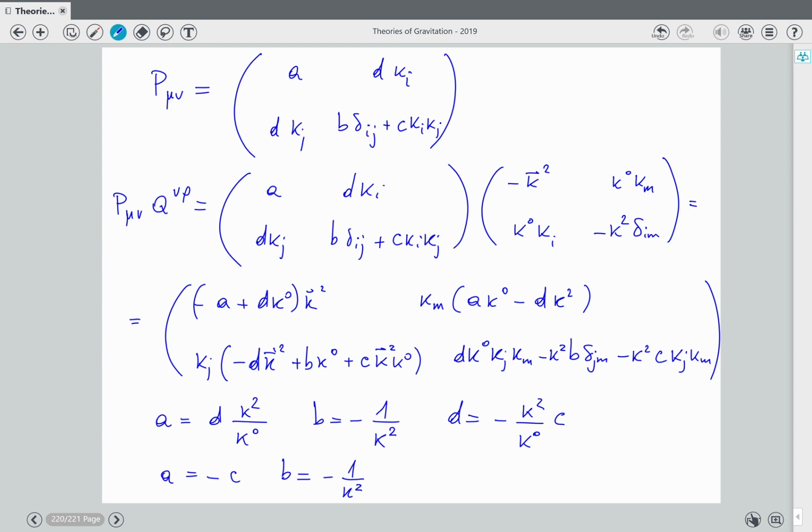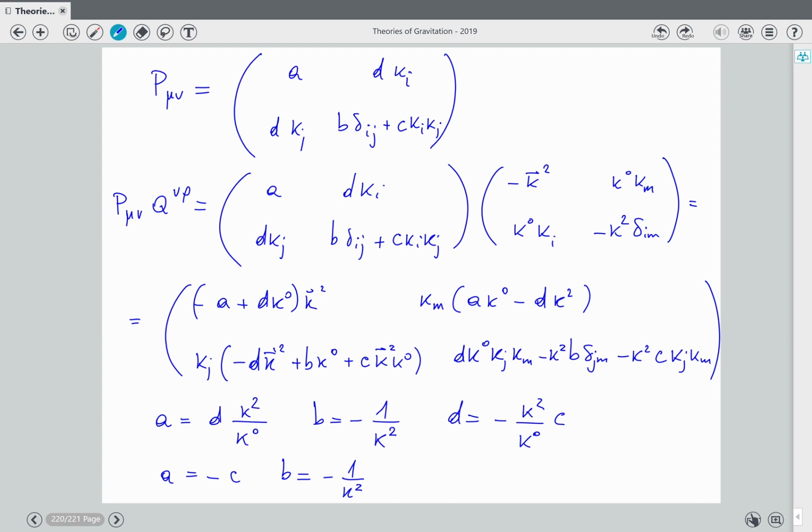Quickly we start checking. Whatever this is, it won't change very much here, so we can start from here. A times that plus d k0 k squared, a k0 k minus k squared, etc., minus d plus b plus c, d plus b plus, and then b, this times that, times that, times that.